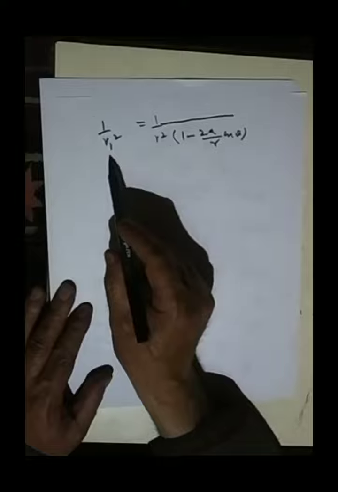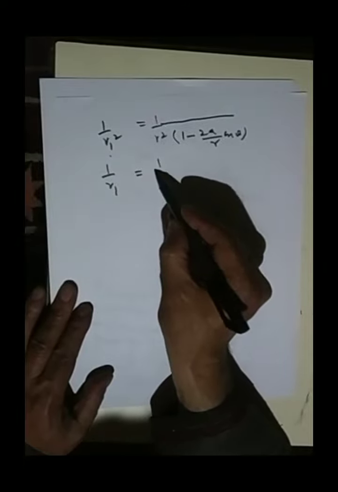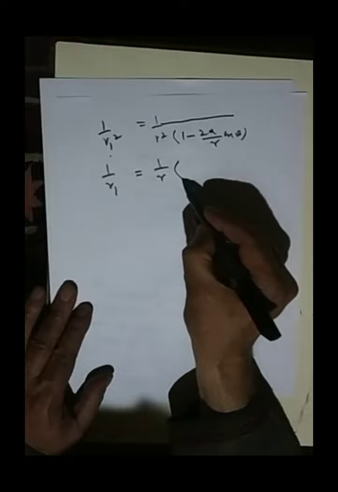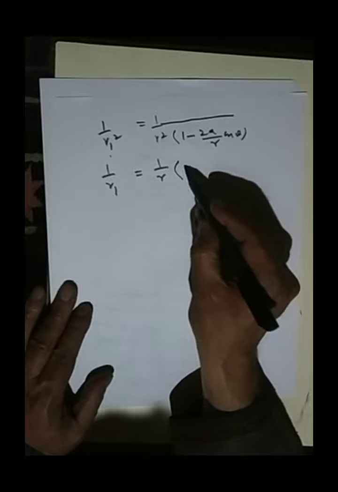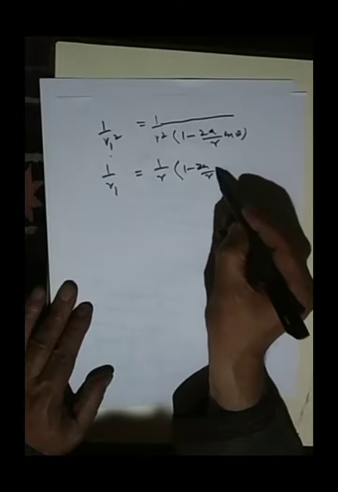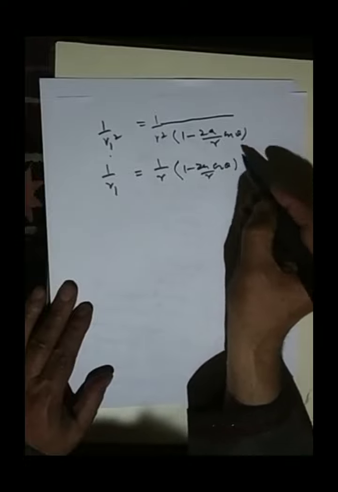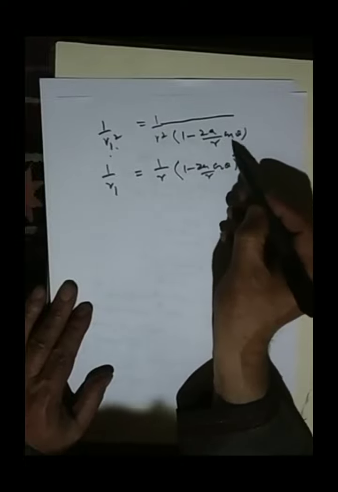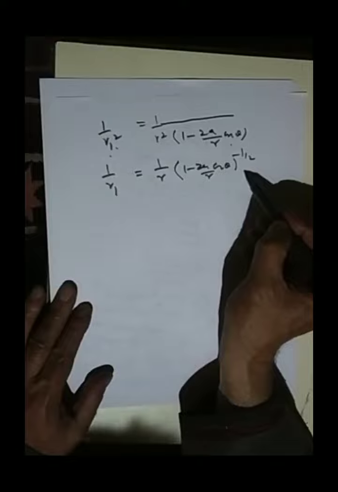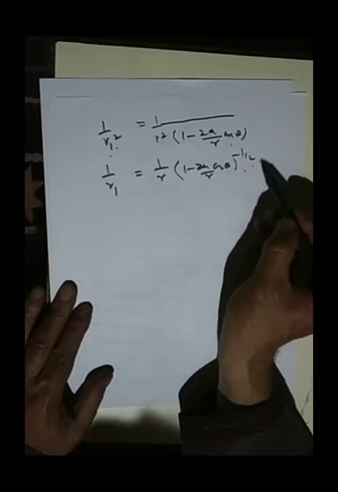Okay, now taking the square root, 1 by R1 will be equal to 1 by R into 1 minus 2A by R cos theta raised to the power minus 1 by 2, because the square becomes a root, and then reciprocating it gives minus 1 by 2.